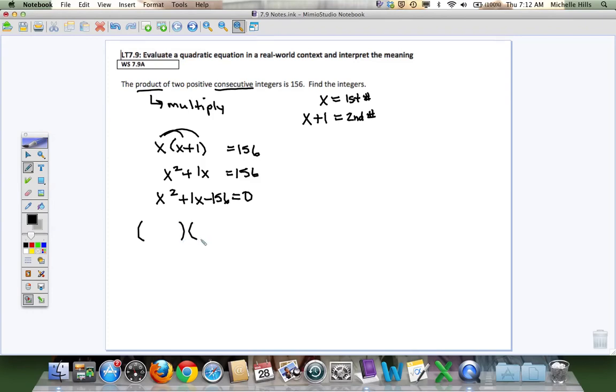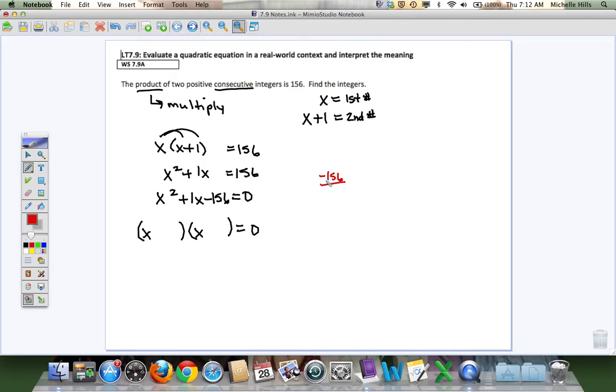I know that in order to get that x squared, I would have to have an x and an x in my factor pairs. And the two constants here should multiply to give me the constant of negative 156. If I don't know my factor pairs of negative 156, and probably you don't, well, one has to be positive and one negative to multiply to get a negative.